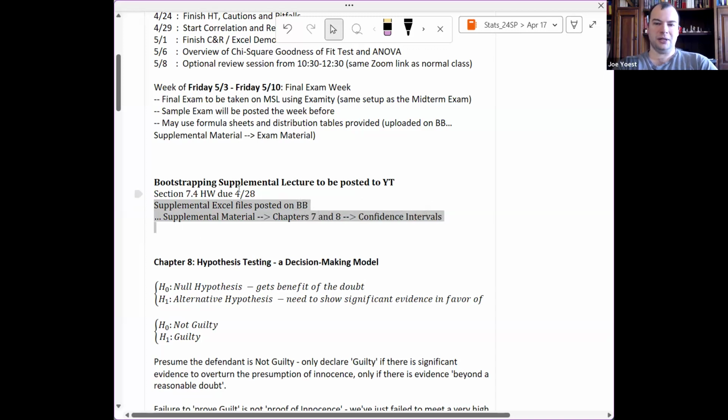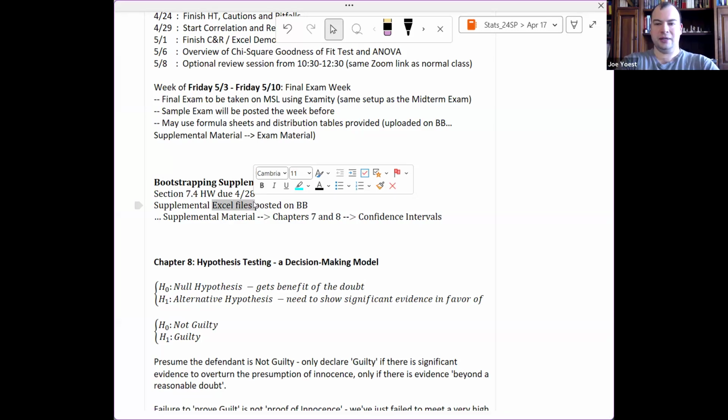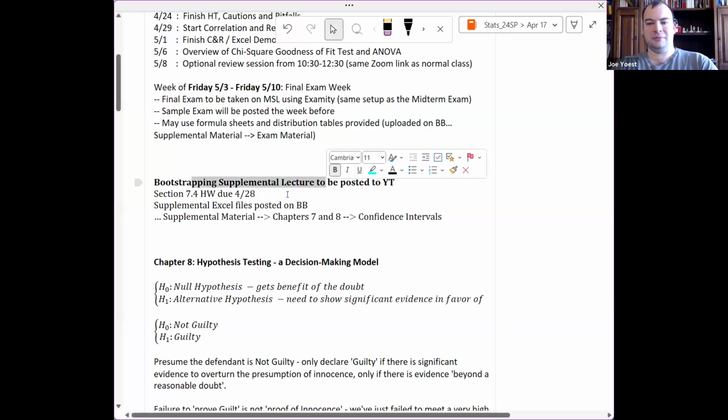And then to help you out with bootstrapping, I posted a couple of supplemental Excel files, 2 of them on Blackboard. One is more along the lines of some demonstrations. I used that Excel file in the lecture just to show how bootstrapping works and where we might want to use it.